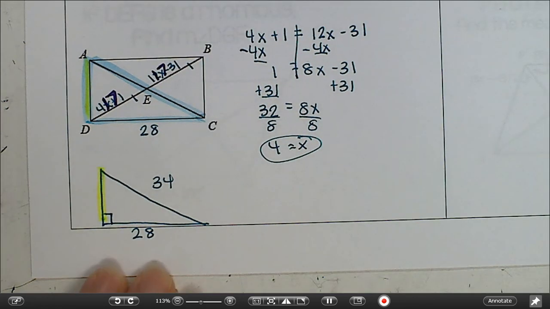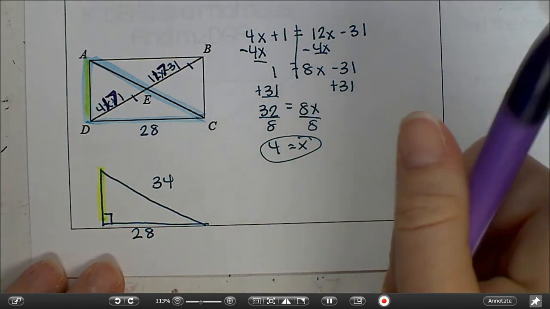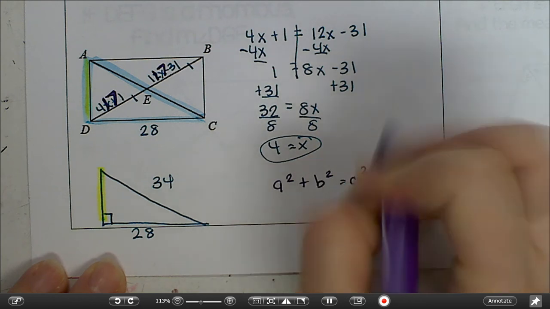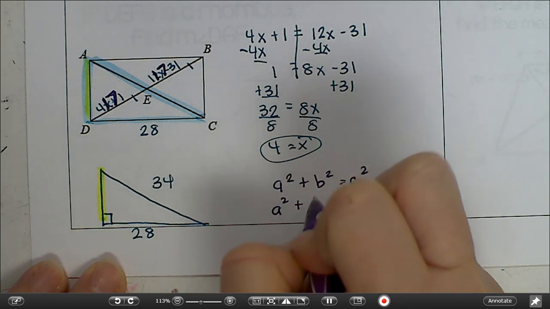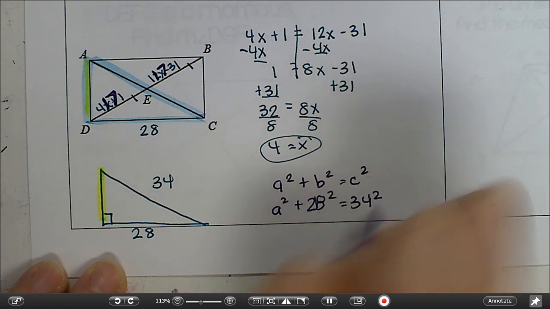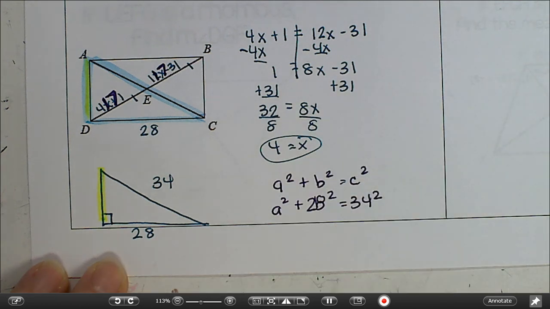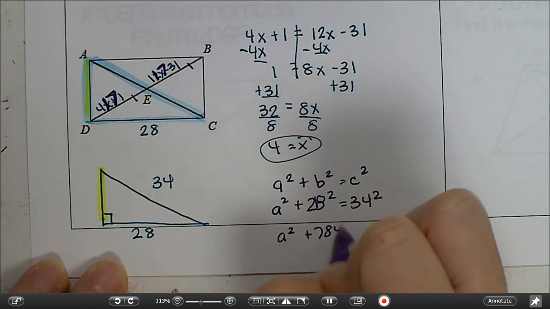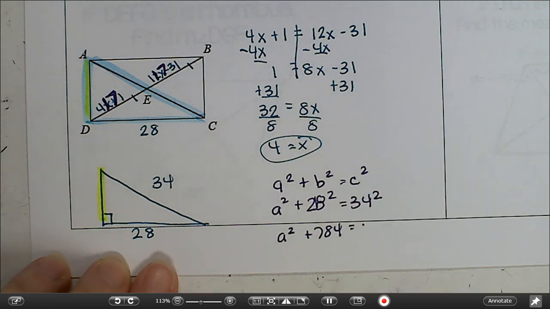What do you think? All right, I hope you said the Pythagorean theorem. We can find it by doing the Pythagorean theorem. So I'll just call it a that we're looking for. So a squared plus 784 equals whatever 34 squared is.